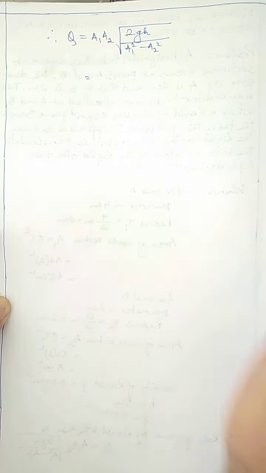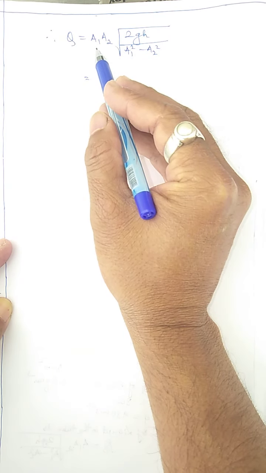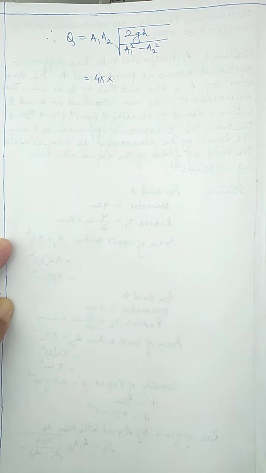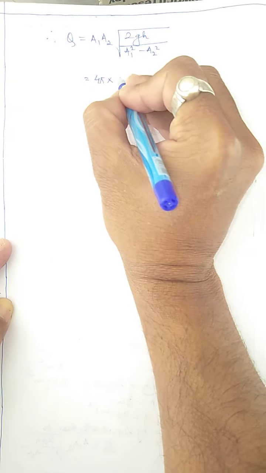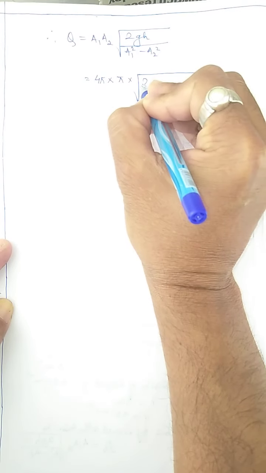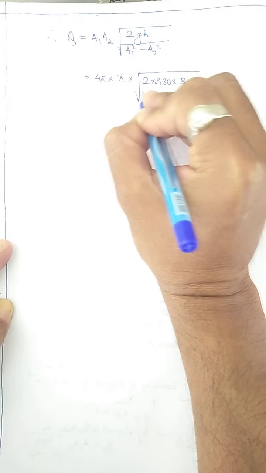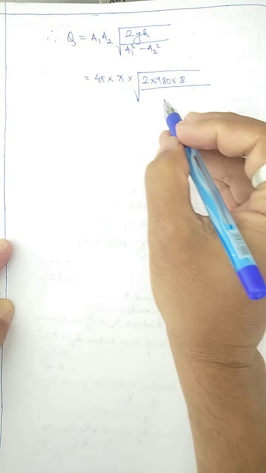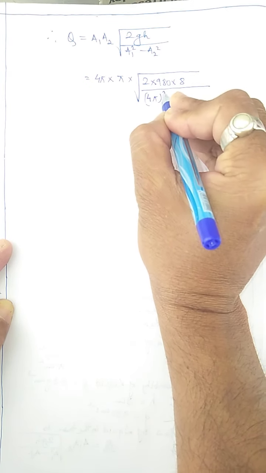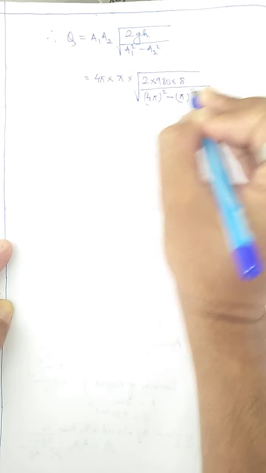Now let's substitute the values. A1 value is already calculated, 4 pi. A2 we have also calculated, that is pi. So Q equals 4 pi into pi into square root of 2 into G, means 980, into height 8, divided by A1 square, means 4 pi with whole square, minus A2 square, means pi with whole square.